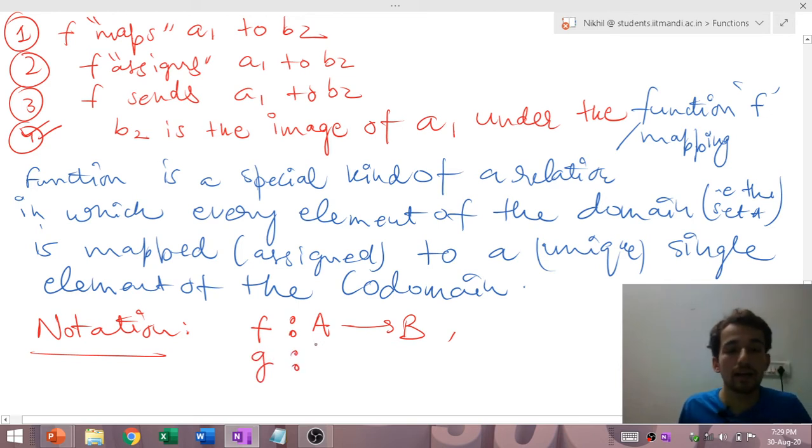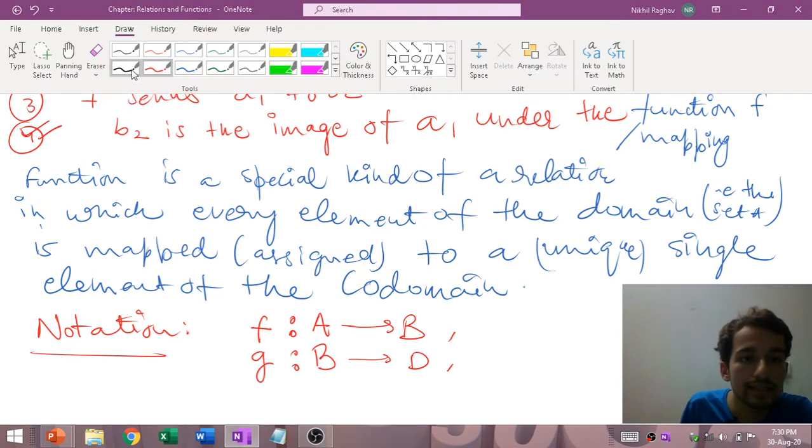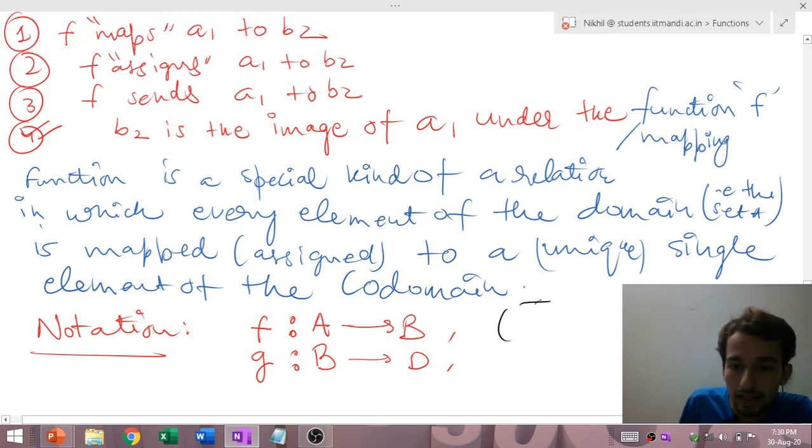Here I have written set A and set B, but there could be any two sets, like B to D. What is the requirement? That these sets should be non-empty. They should contain some element.